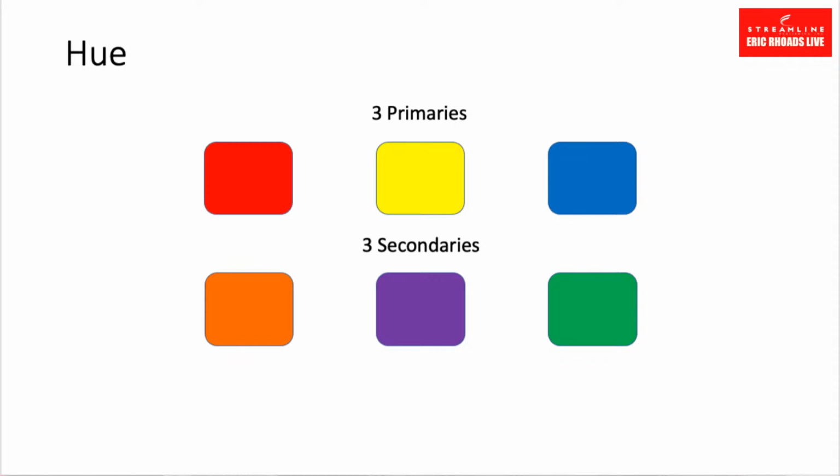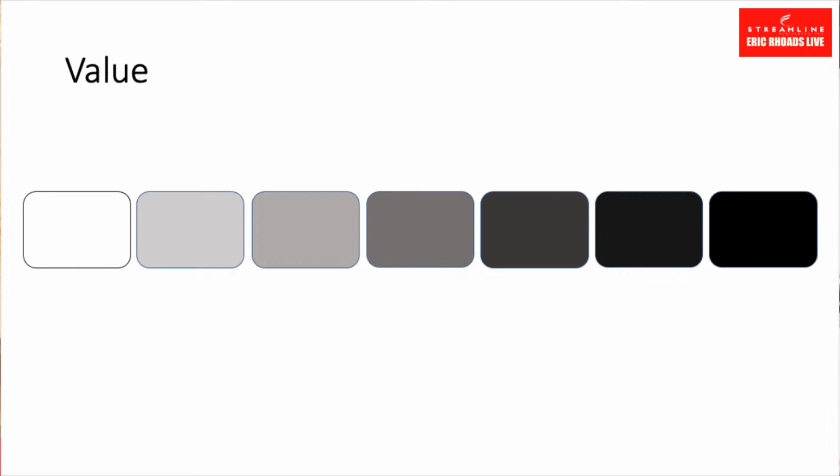So we can go to the next slide. The second thing to consider when you start mixing color, and of course this is pigment, which is different than light, but that's another more complex thing to examine. When you start mixing color, the first thing you do is decide on the hue family. Then it becomes important to decide what value you need.